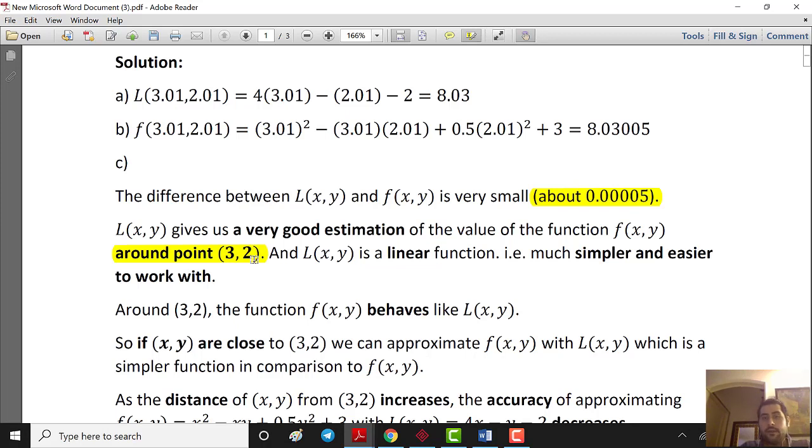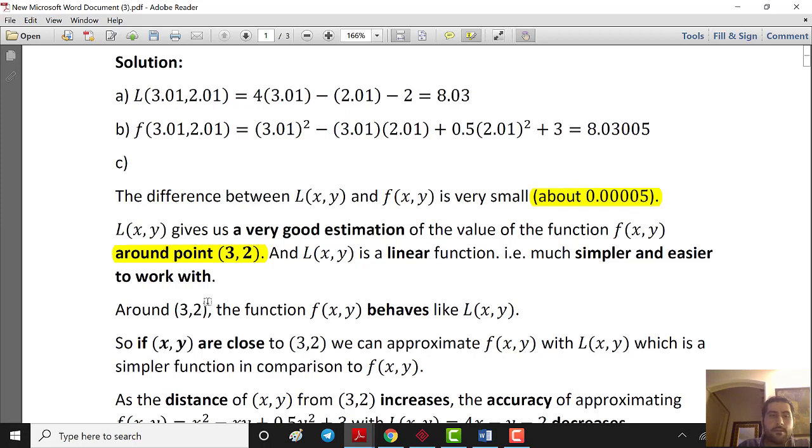Now, L of x and y around this point gives us approximately the same value, and it is a linear function which is much simpler and easier to work with, right?